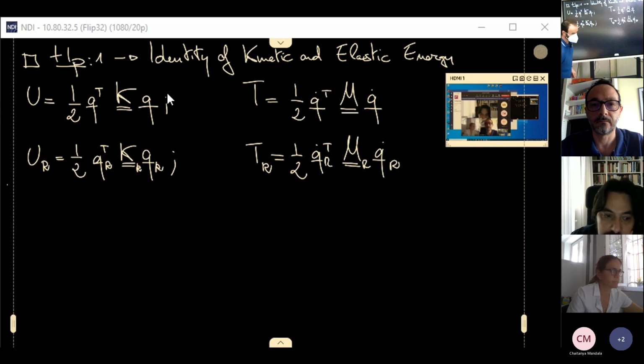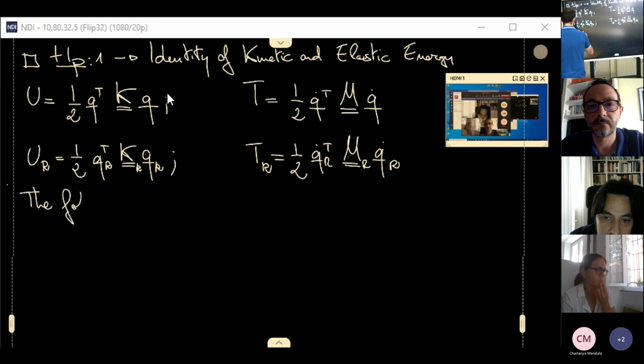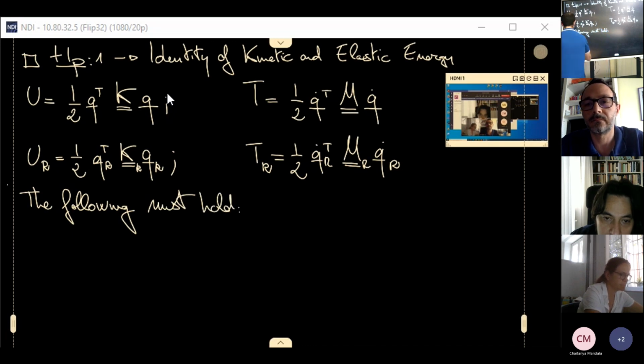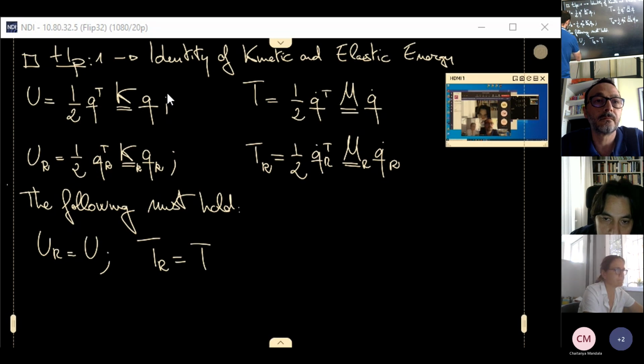Well, if we want to reduce the order of the model, we always have to guarantee that the reduced model retains the same kinetic and elastic energy. So it means that the following must hold: that UR is equal to U and TR is equal to T. Okay.